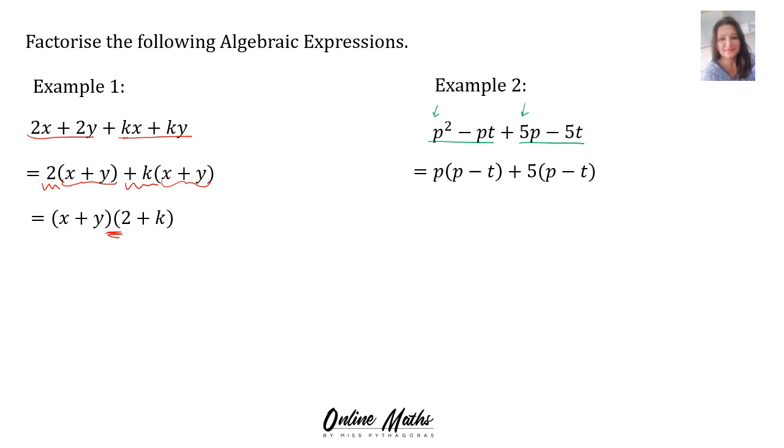When I take out 5, I'm left with p minus t. Then there's a bracket p minus t and there's a bracket p minus t. They are exactly the same, so I take it out and I'm left with p plus 5 with no sign in between.